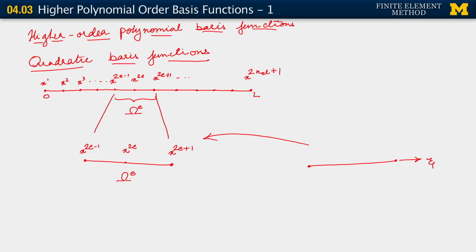All right, and in terms of c, we have this middle node with coordinate c equals 0. We have c equals minus 1 and c equals 1.